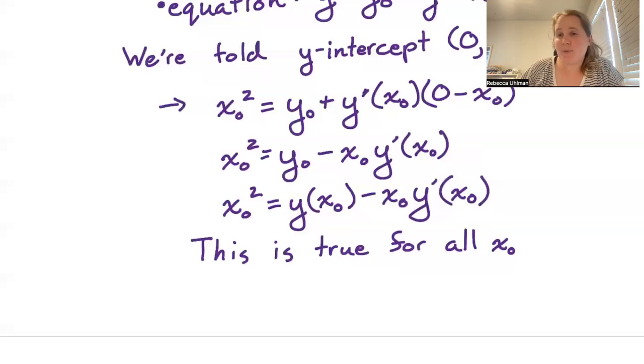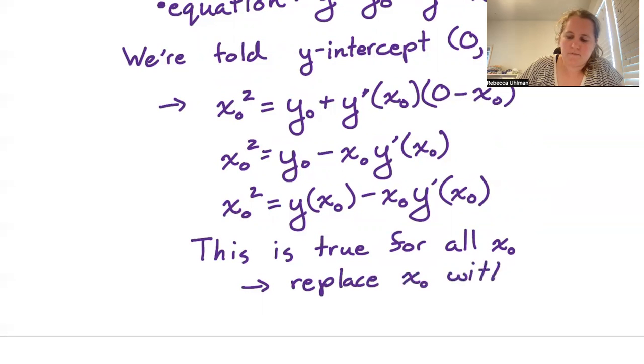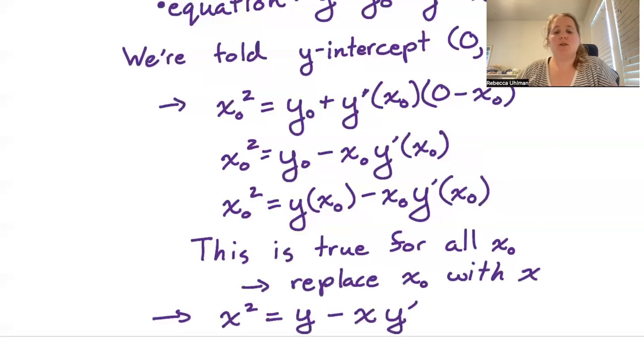And so we can just replace x naught with x. And so if we write this as just x squared is equal to y minus x times y prime, that's essentially what we have just found as our equation.